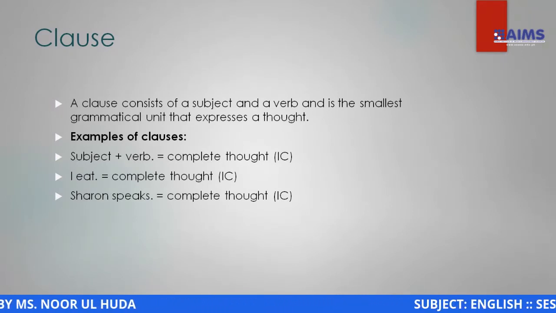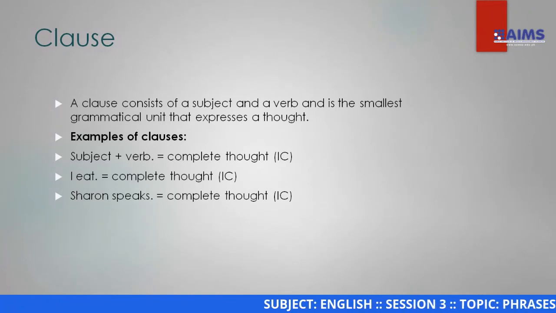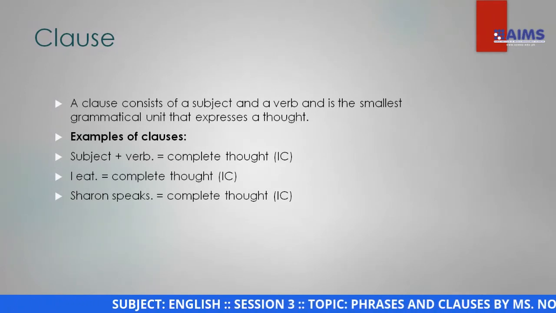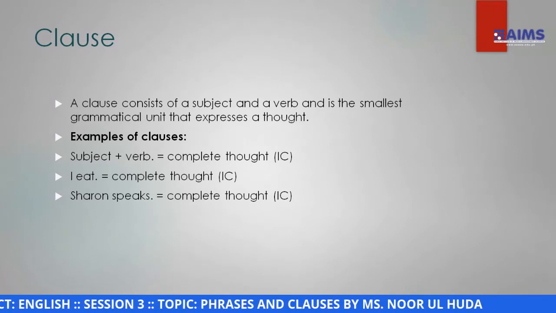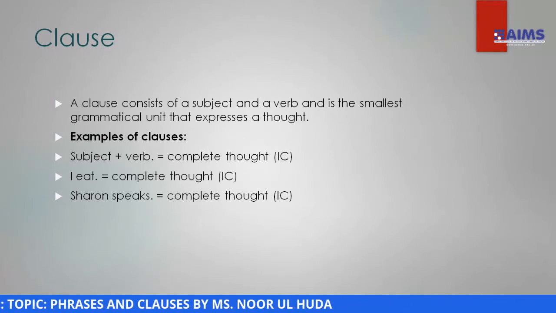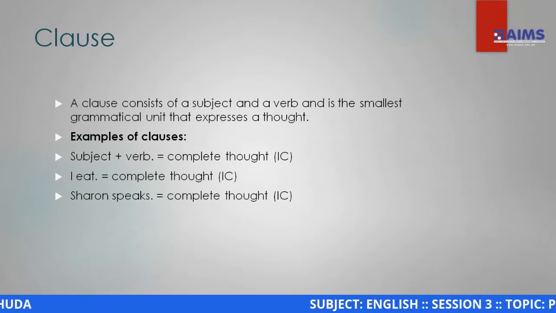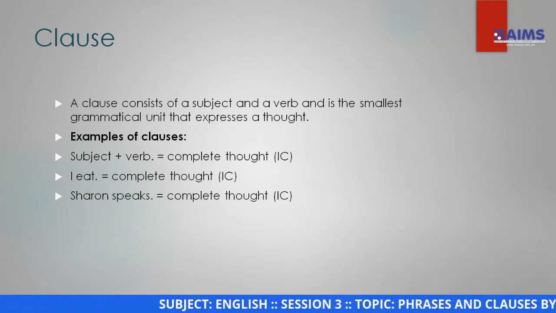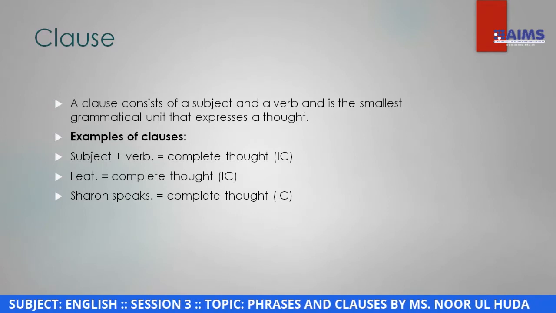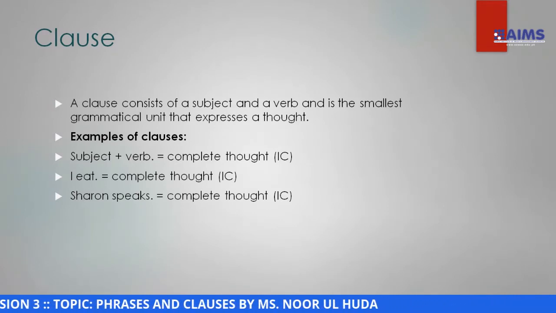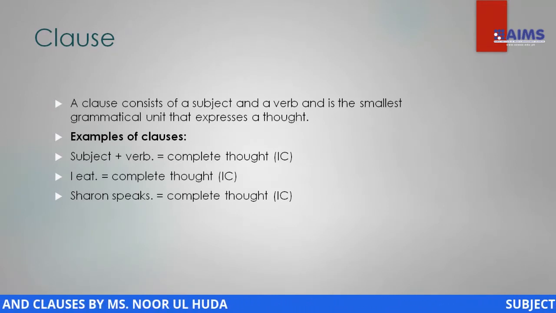But if I say that I sing very well, or I drink a lot, or I work in the evening, these are sentences which I may call complete sentences because they are giving a complete thought.